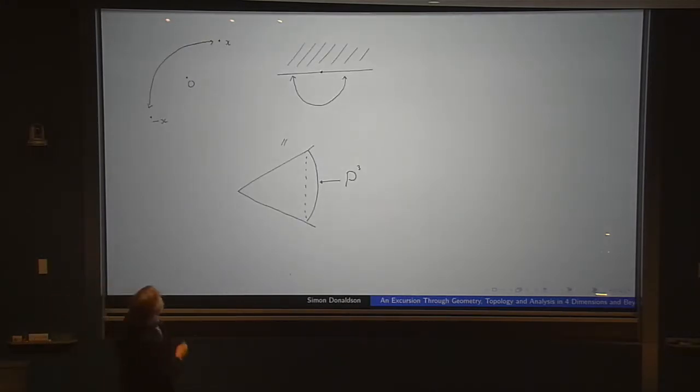So this is a picture that tries to illustrate that in 2 dimensions. Just looking around the origin in the plane, we're identifying x with -x. That's the same as taking a half plane and identifying the boundary. So we're just taking a piece of paper and gluing the boundary together in the way indicated by the arrow.